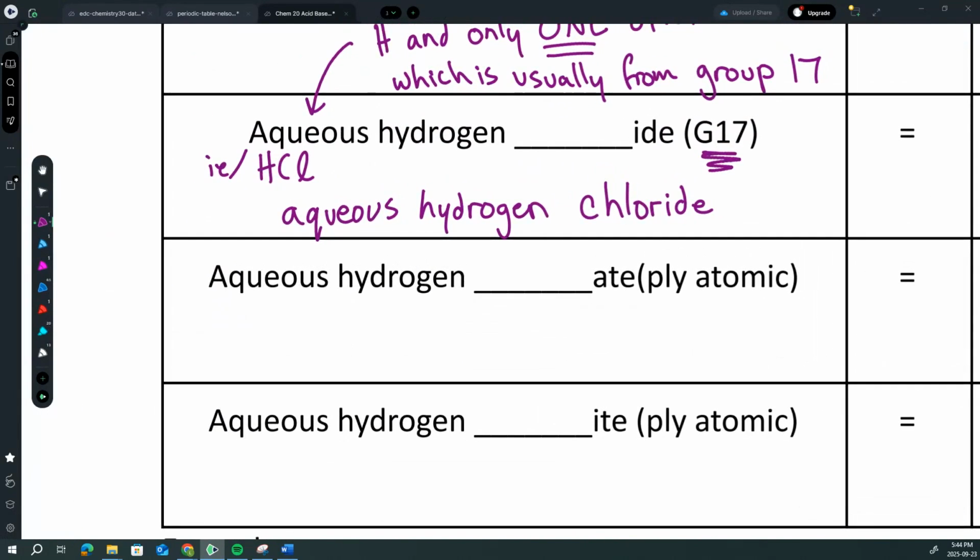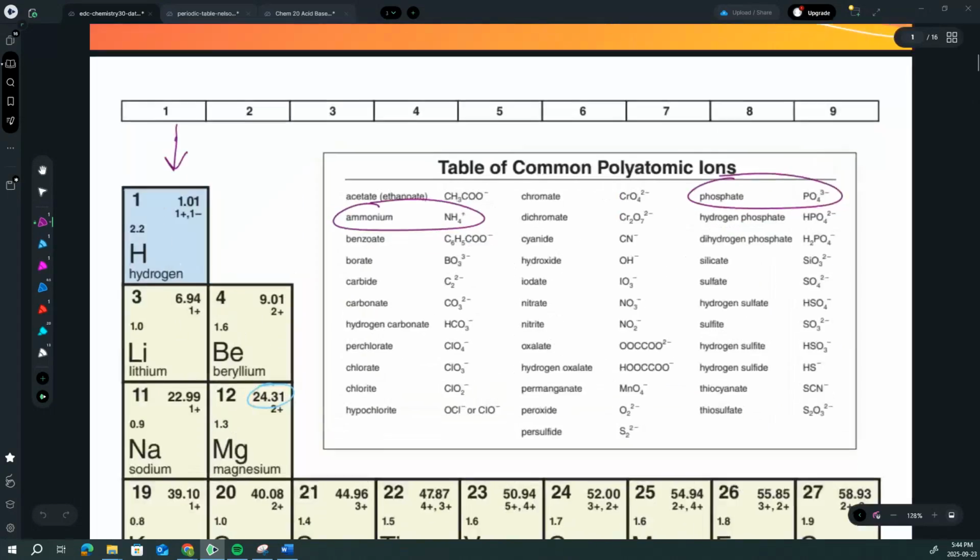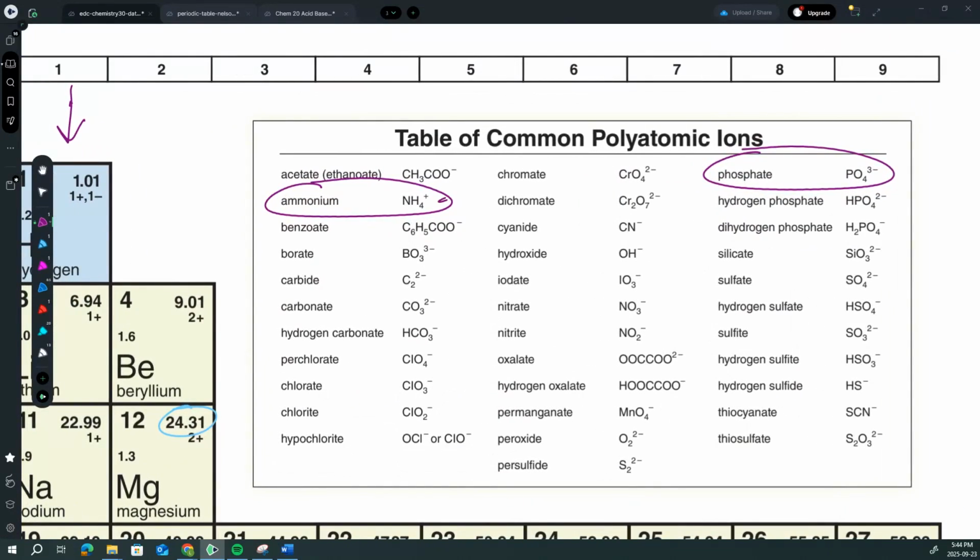With the next case that we have, we're going to have hydrogen with a polyatomic ion that ends in ATE. So for your polyatomic ions, those are all going to be found here.